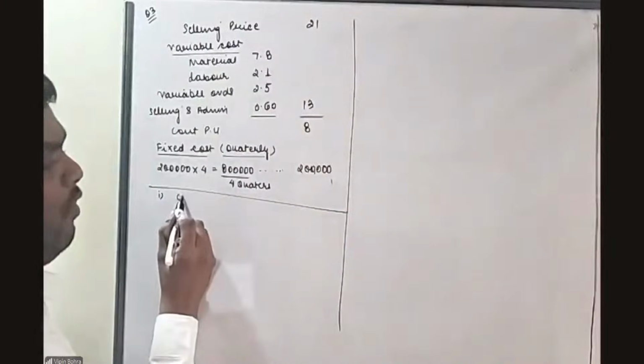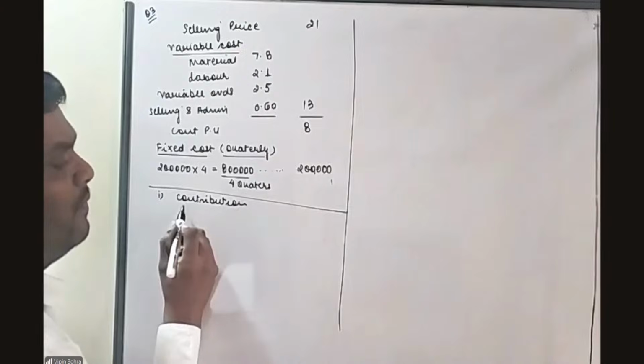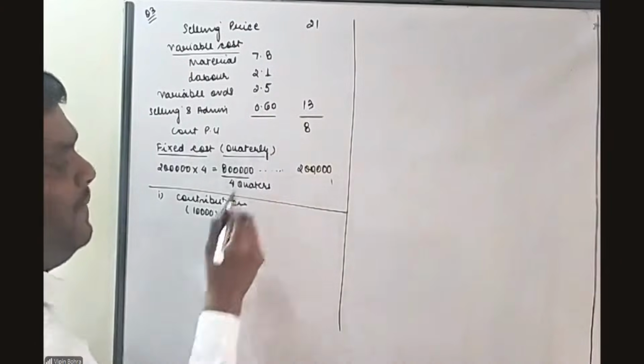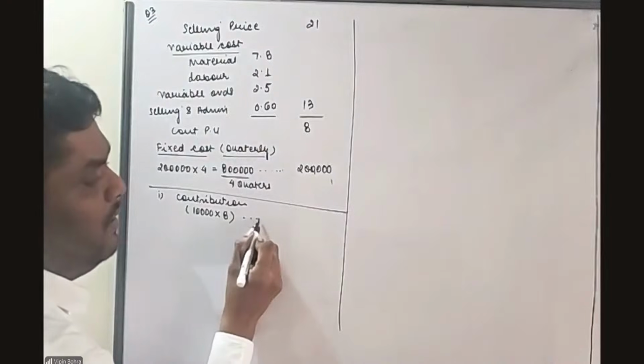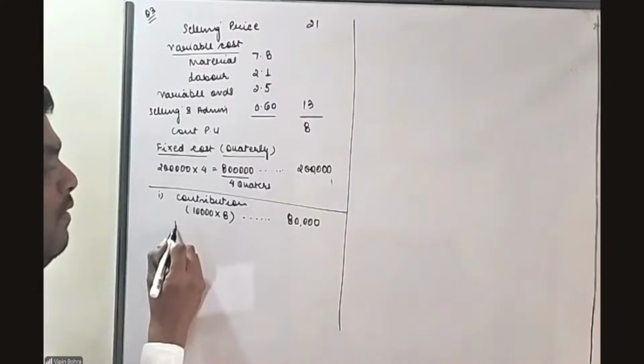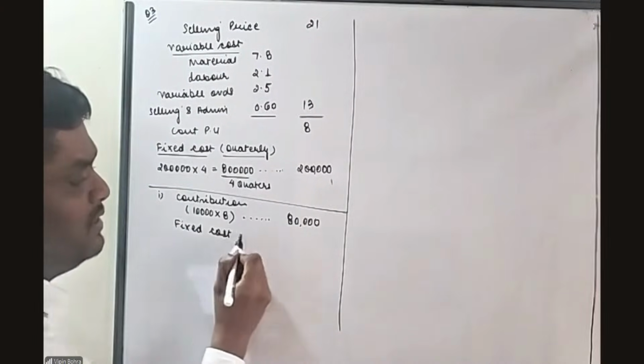So what will the contribution be in the next quarter? 10,000 units can be manufactured and sold, into 8, that is 80,000. And my fixed cost for the quarter is how much?